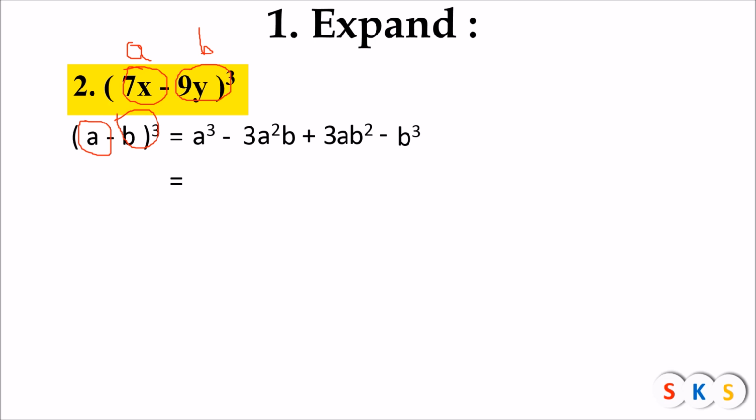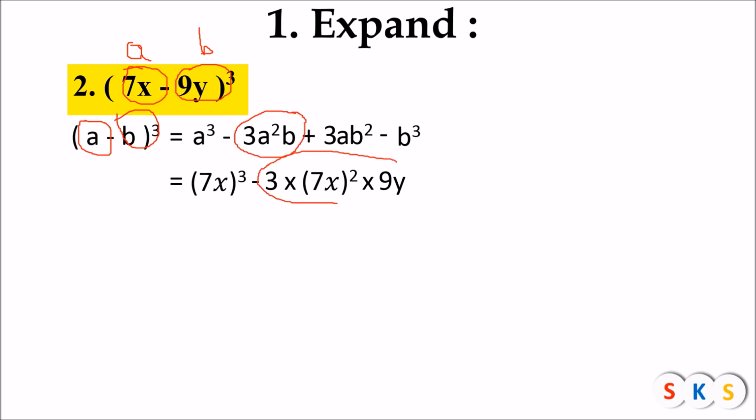So we will get here 7x the whole cube, that is a cube, minus 3 into a square, what is a, 7x the whole square, into b, that is 9y. You can see that this is 3a square b.